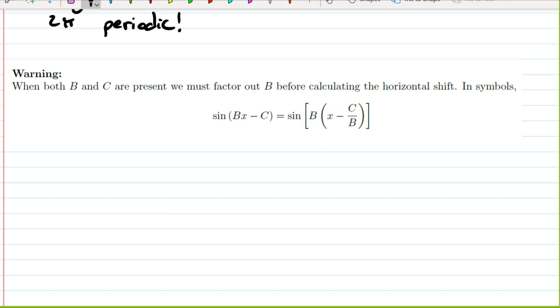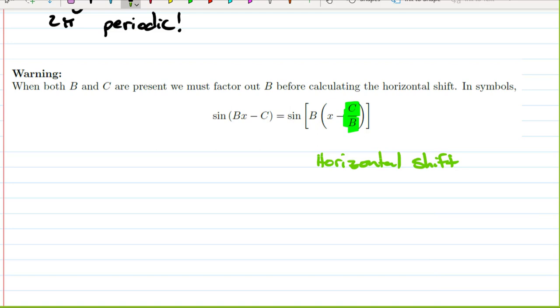So what that says is if I have sine of bx minus c, I need to factor that into sine of b times x minus c over b, and this is going to be my horizontal shift. So in essence, before we can calculate the horizontal shift, the coefficient on the x needs to be 1.